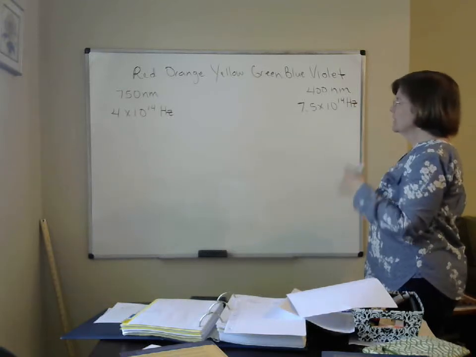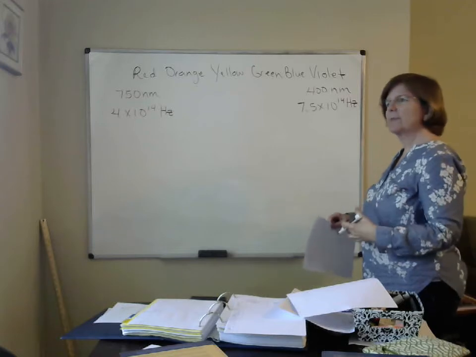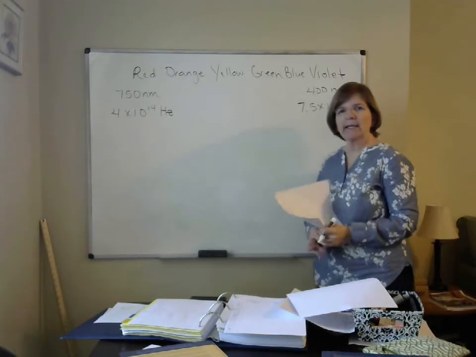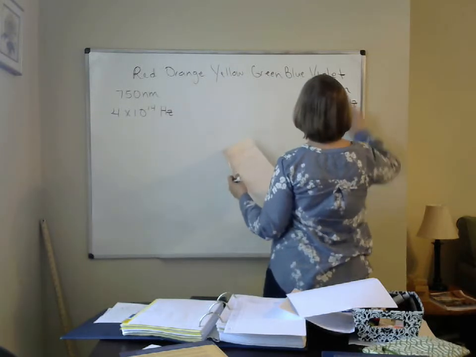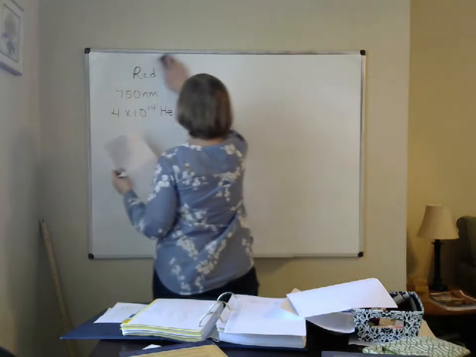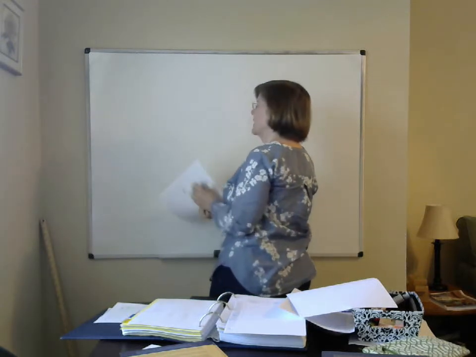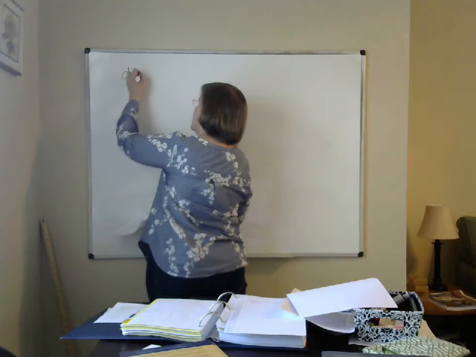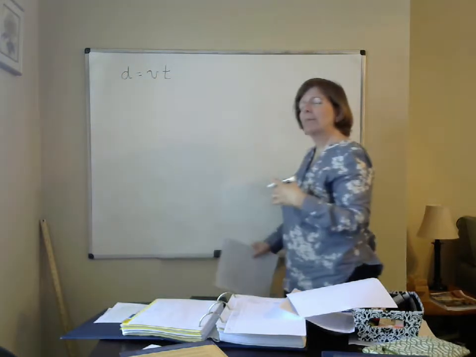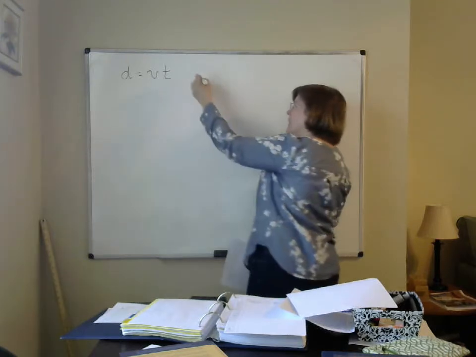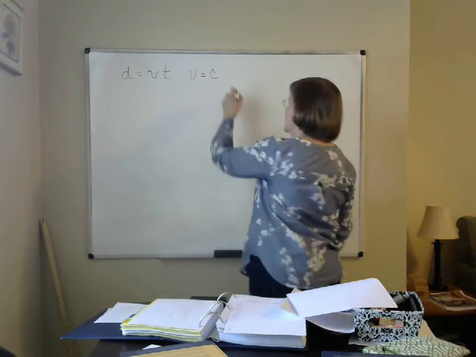Now, we can do a few problems that we've really already done with other types of waves when we talk about electromagnetic waves. The same basic formulas apply to other waves. One is that the distance equals the velocity times the time. But for electromagnetic radiation in a vacuum, it travels at c.